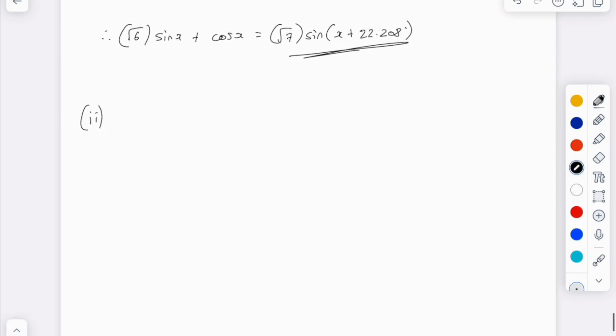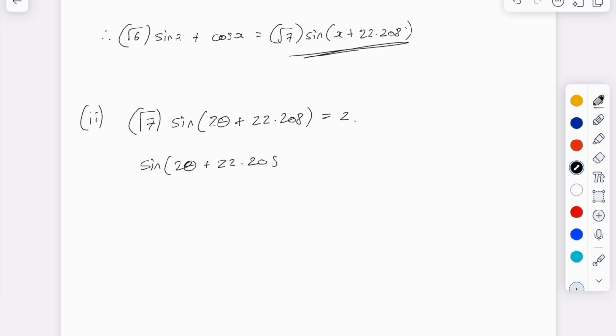So we can say that root 7 sine 2 theta plus 22.208 is equal to 2. Therefore, sine of 2 theta plus 22.208 is equal to 2 over root 7.